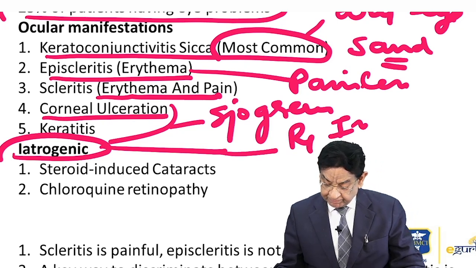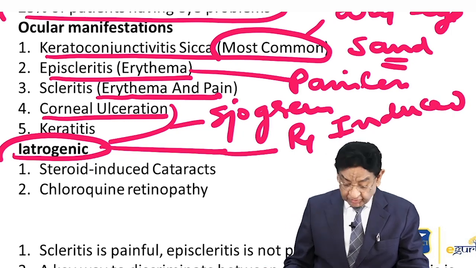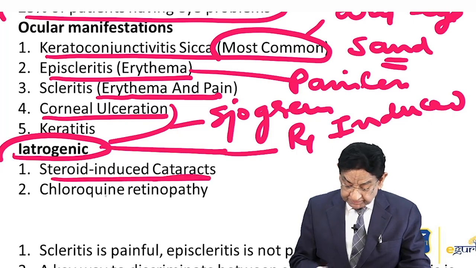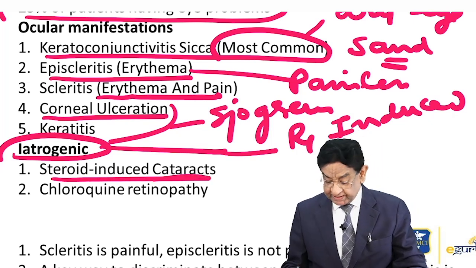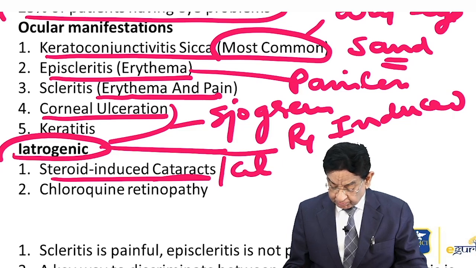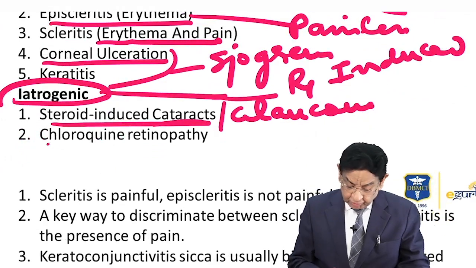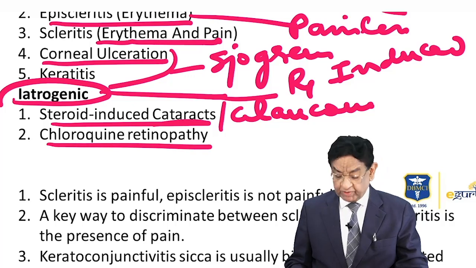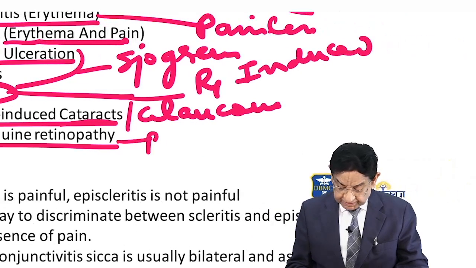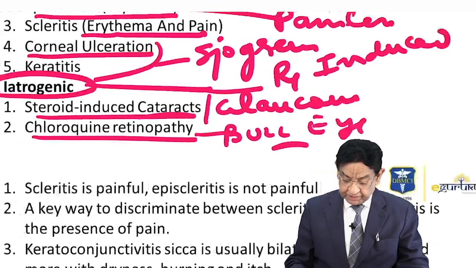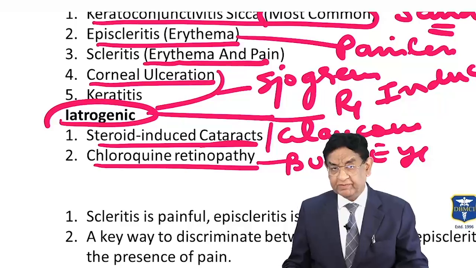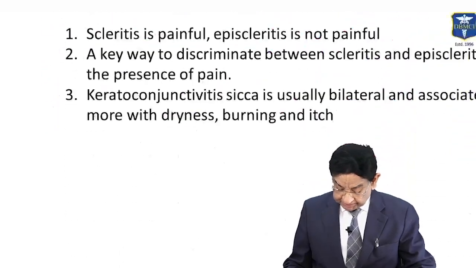Steroid induced cataract, and we also know very well steroid can even induce glaucoma. So steroid can lead to cataract and glaucoma. Chloroquine can lead to retinopathy. The name is Bull's eye retinopathy. So they are so-called iatrogenic, caused by the treatment.